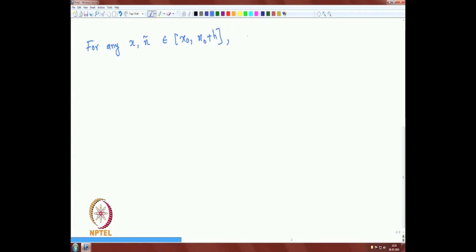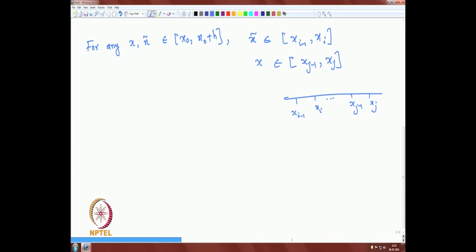Without loss of generality, let us assume that x tilde is an element in one of the subintervals, say [x_{i-1}, x_i], and x is in [x_{j-1}, x_j].